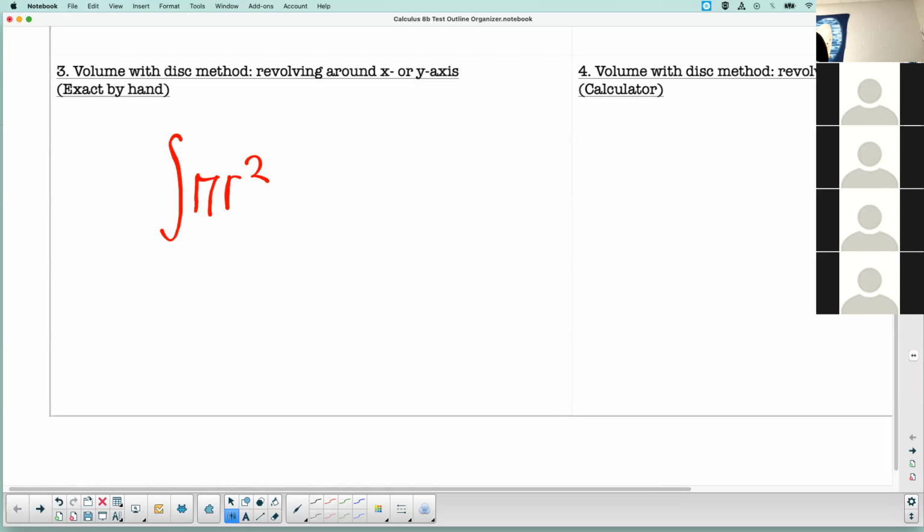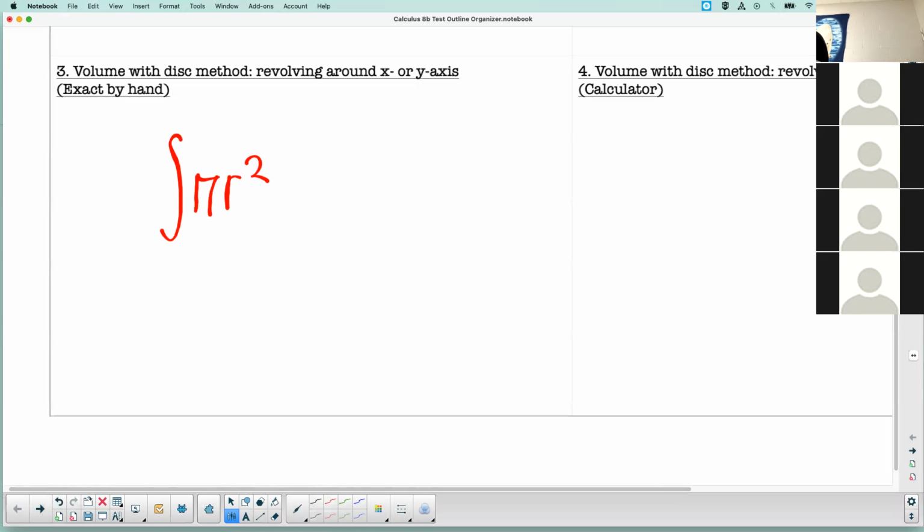Okay, now underneath that, so that equation is perfect. So disk method is all going to have the same formula, integral of pi r squared. How do you find the radius? So that's why I wanted to make sure that we wrote that up there.